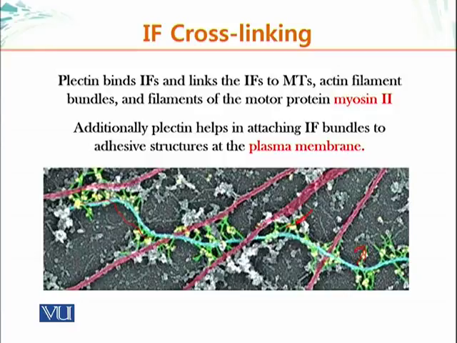The reason why we don't see actin filaments is because they were taken out when the sample was being prepared. If we had left the actin filaments in this tissue, we would not be able to see these interactions of plectin with other cytoskeletal elements. So here's a photograph of plectin binding intermediate filaments to the microtubules.